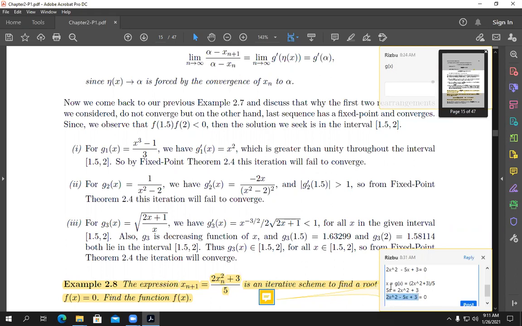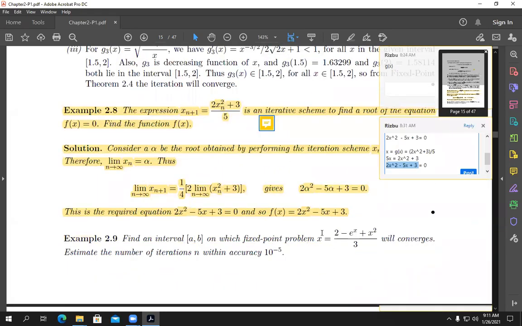So that means if you have f, you can find g, but you don't have to find g. g is always given by the teacher. But if the teacher gives you g, he will never give you f and say find f of x. This is the way you can find f of x here. This is the answer, and this is f of x. Exactly the same thing we have here.